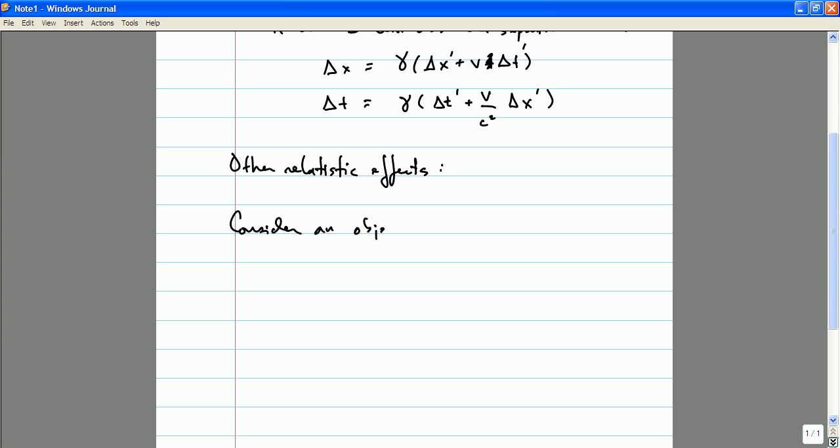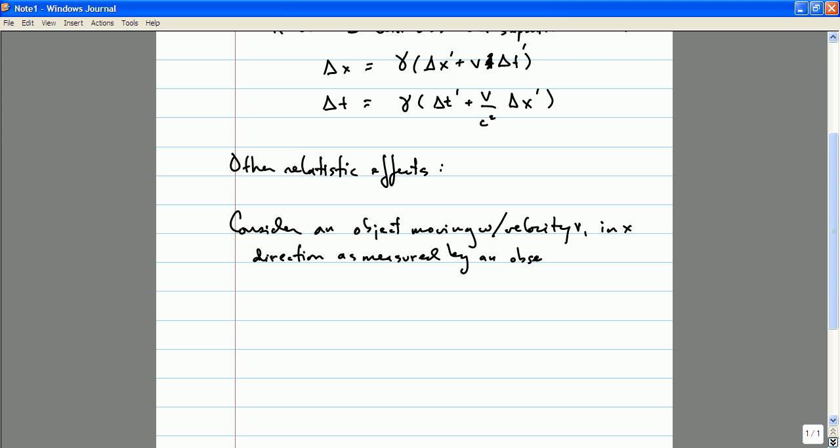Let us consider an object which is moving with velocity, let us call it v1, in the x direction, as measured by an observer S prime, and this observer S prime in turn is moving with a relative velocity v2, again in the plus x direction, as measured by a second observer, S.